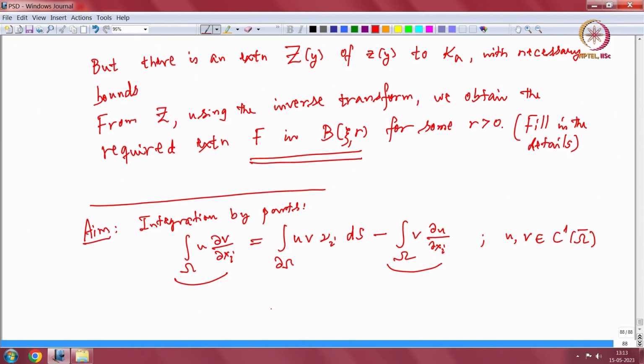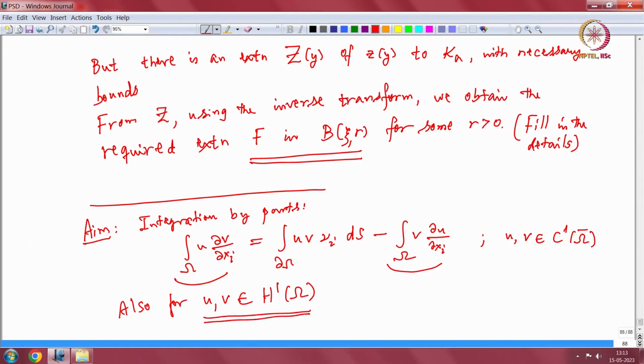So we would like to deduce this one also for u, v in H1 omega, and this one is repeatedly used in studying elliptic equations.